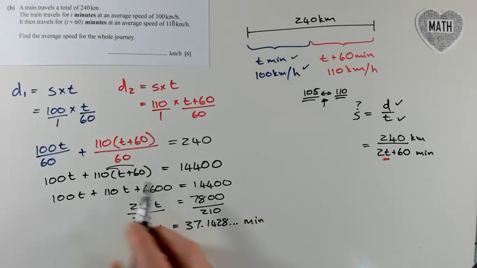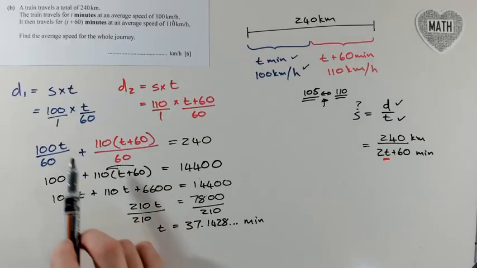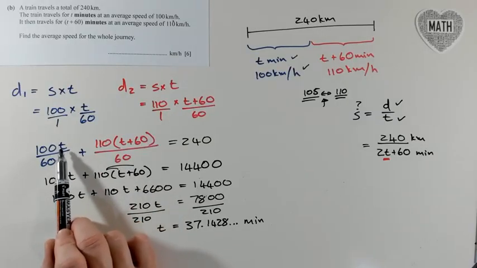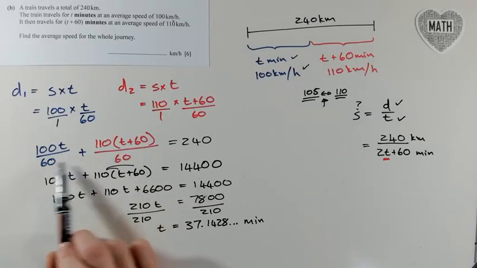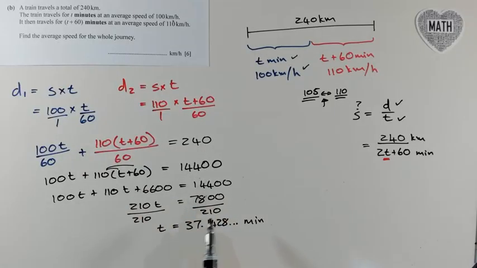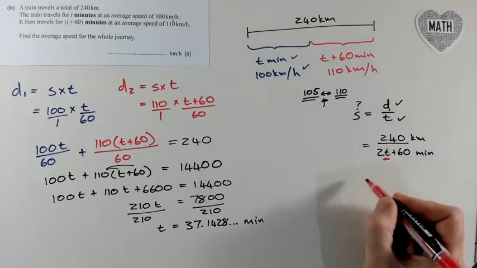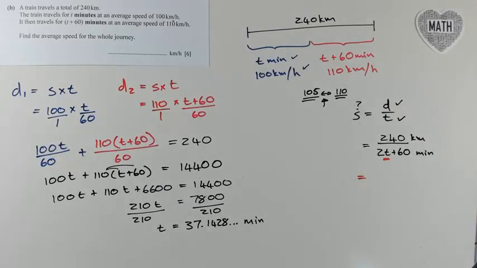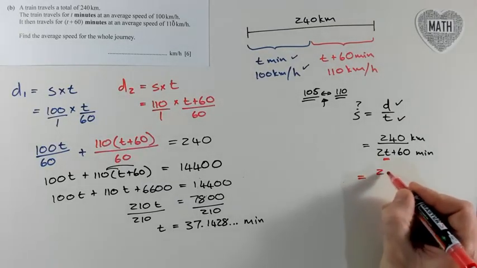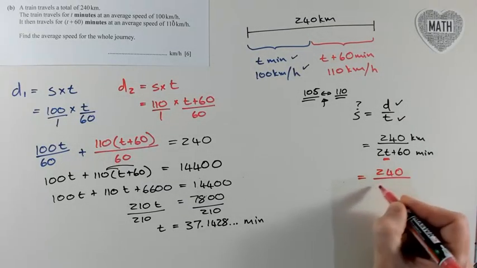I know I divided by 60 to get an hour, but it didn't change the value of t. I kind of multiplied the 60 away in this equation. So this is still a minute time. And it's very important because if you're going to sub in, this was our original equation. So I have the 240 divided by 2.